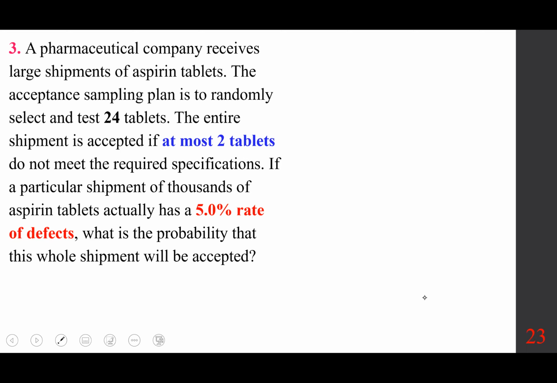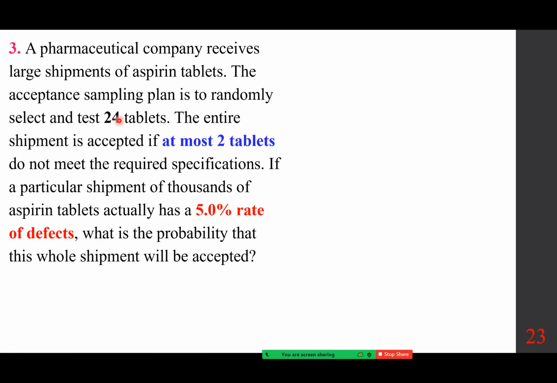So this happens a lot when companies receive shipments, different types of shipments. They don't have time to check everything, but they sample, and if they sample properly, they can come up with a decent answer. So in this case, we are dealing with tablets that either have a defect, they are defective, or not. That means we are dealing with a binomial distribution where we have 2 outcomes.